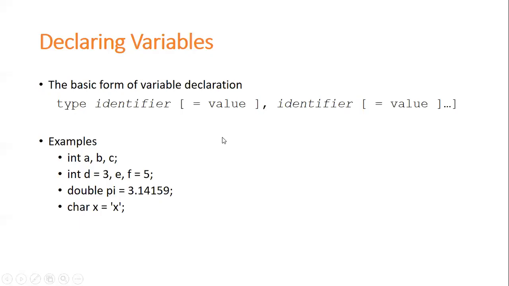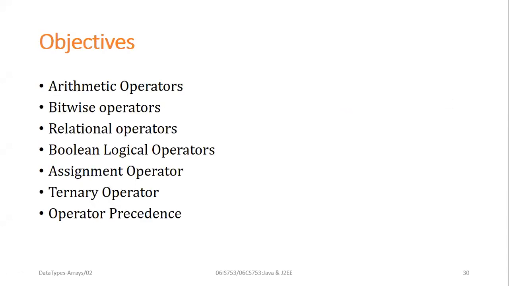I finish with this. I think you know how to declare variables, right? So the general syntax of declaring variables. I think this is quite simple and basic fundamentals. You can do it. Now let us discuss these operators. There are several types of operators out there: arithmetic operators, bitwise, relational, Boolean, assignment, ternary, operator precedence, right? Probably all these things you might have studied in your C language, in your first semester.